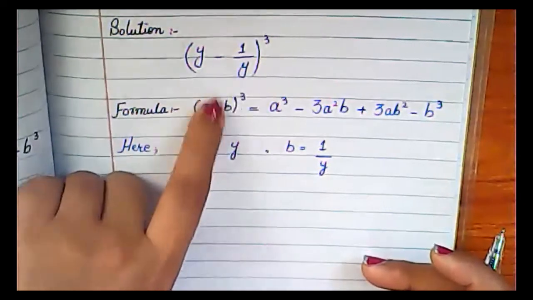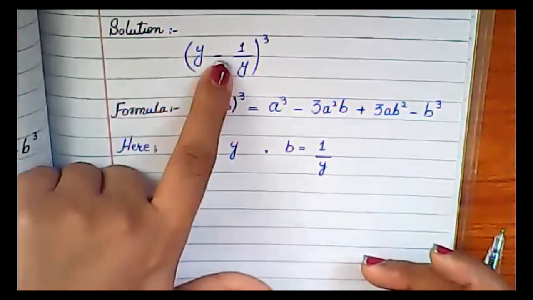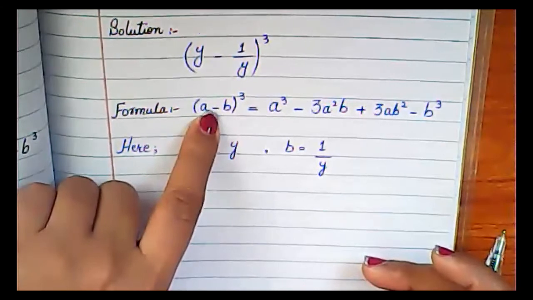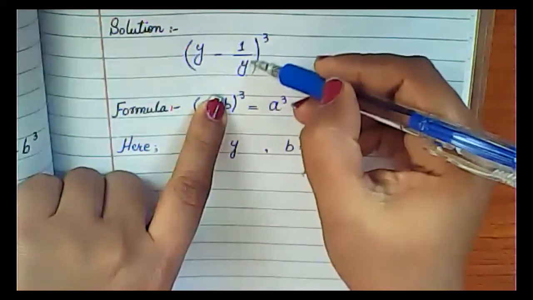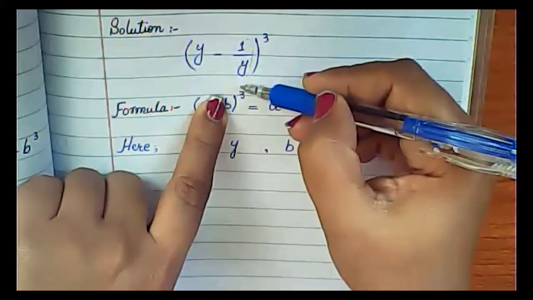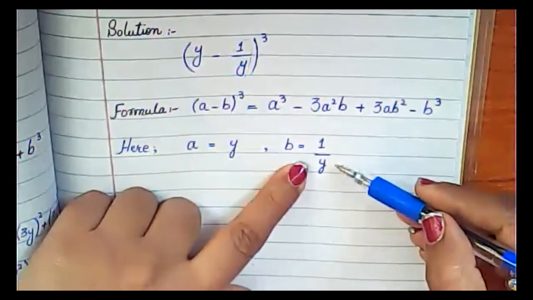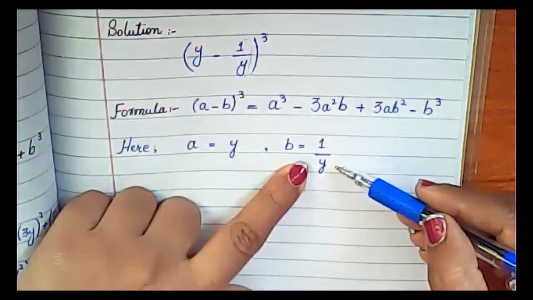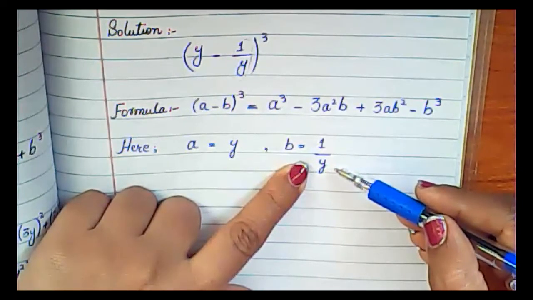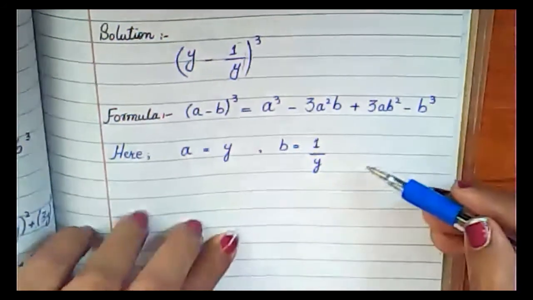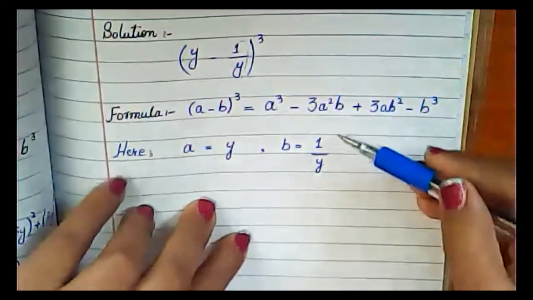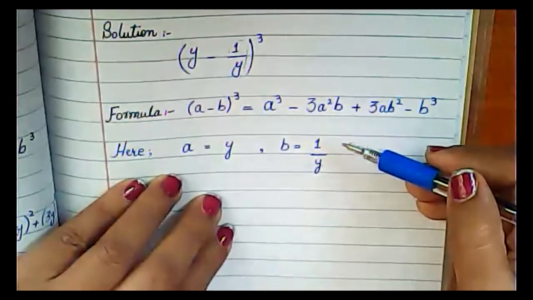This is the sign of the formula. And this is your term B, which is 1 upon y. So 1 upon y is the B term. Is it clear?